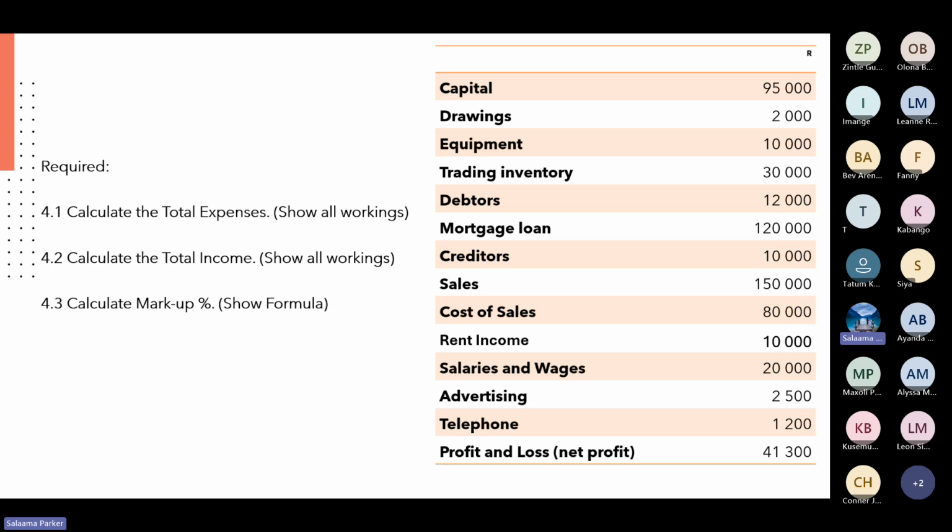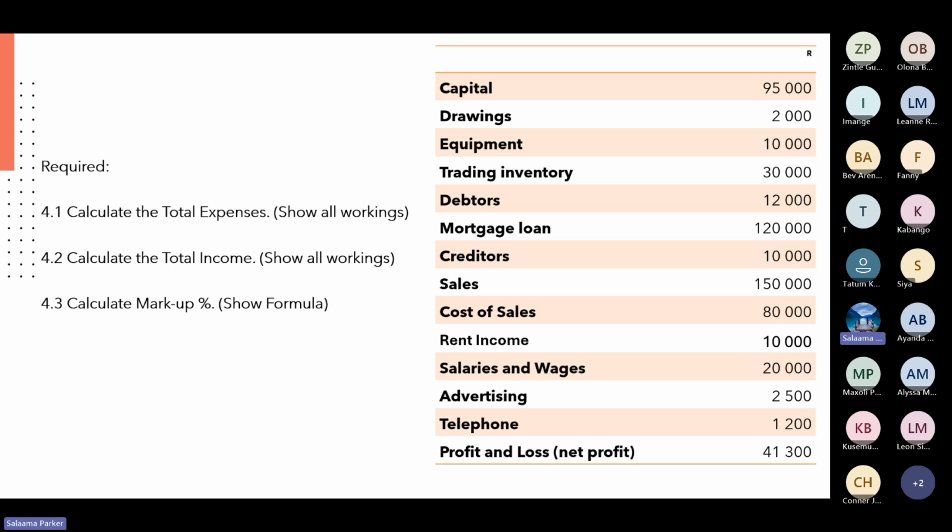Am I going to write capital, drawings, equipment? Are these income and expenses? No, we know these two are proprietary accounts, okay?